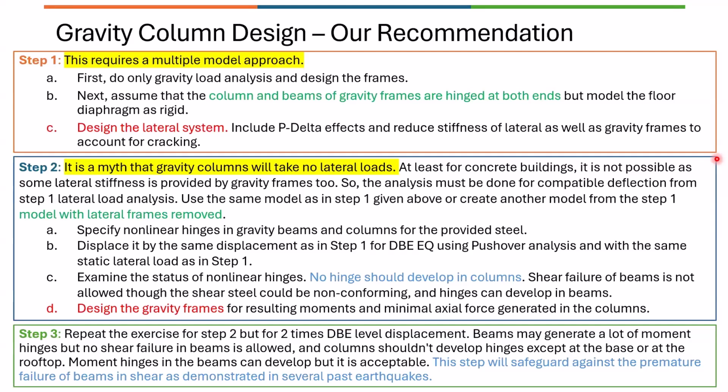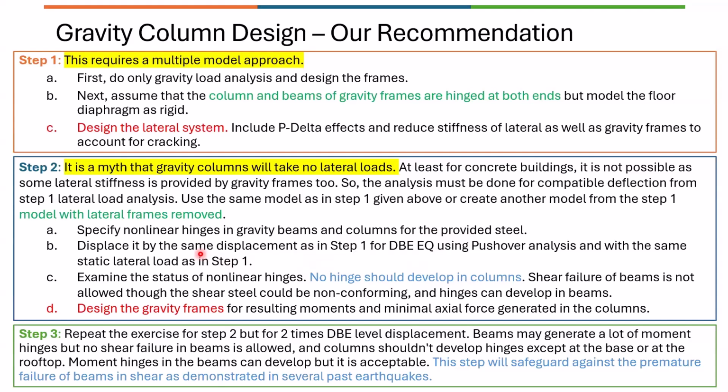So now we have to create another copy of the model, and in that, we are going to design the gravity frames alone. This requires the loading to be obtained from the first model, where we have the unscaled lateral displacement, and that will be multiplied by the R factor.